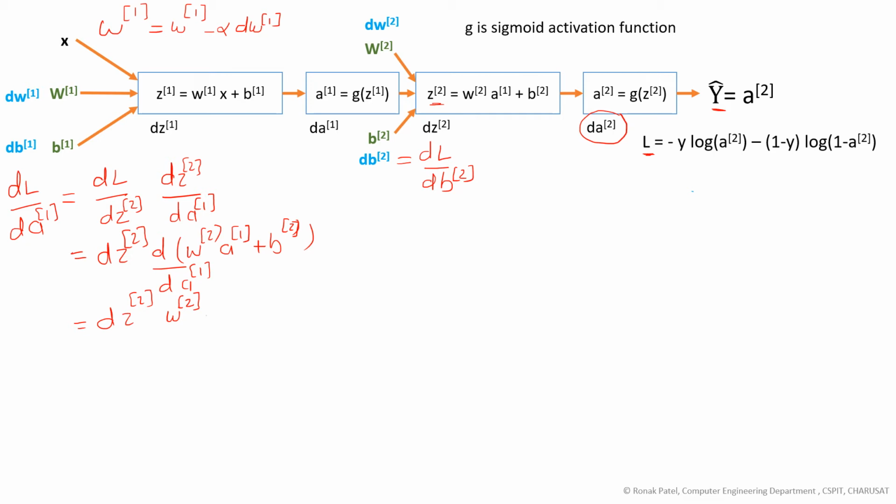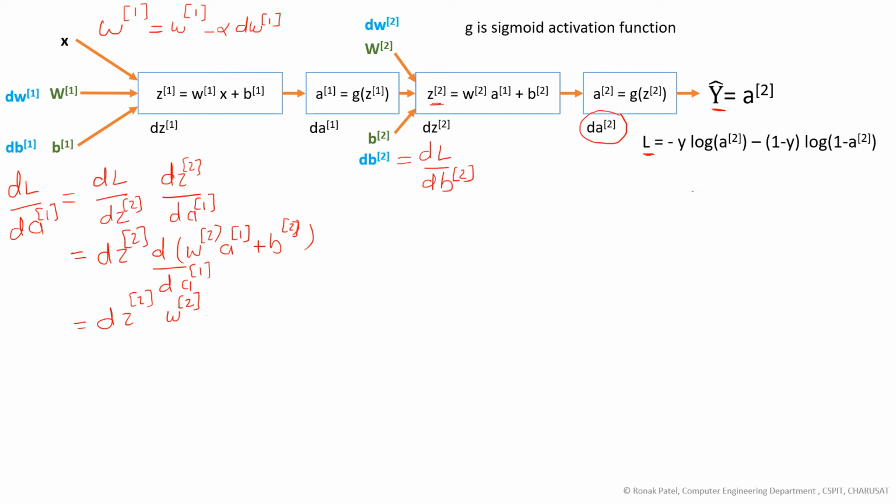So into 1, it will give you w2, plus derivative of constant, that will be 0. So plus 0, it will give you w2 only, right? So what we get for da1 is dz2 into w2. We have calculated this dz2 and we have w2, right? So we can find out da1.